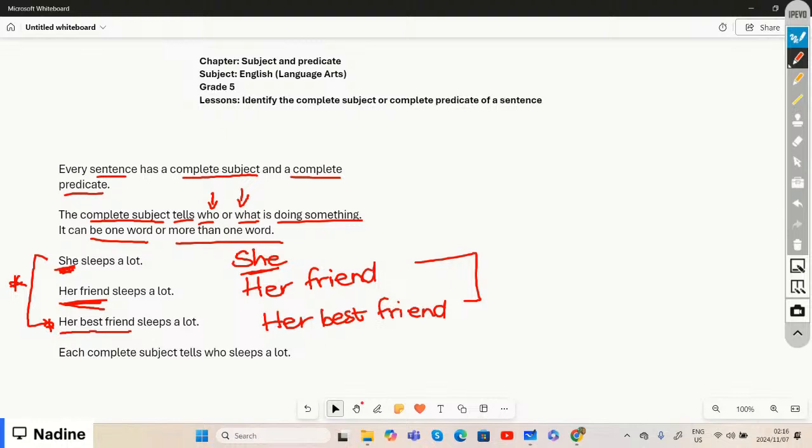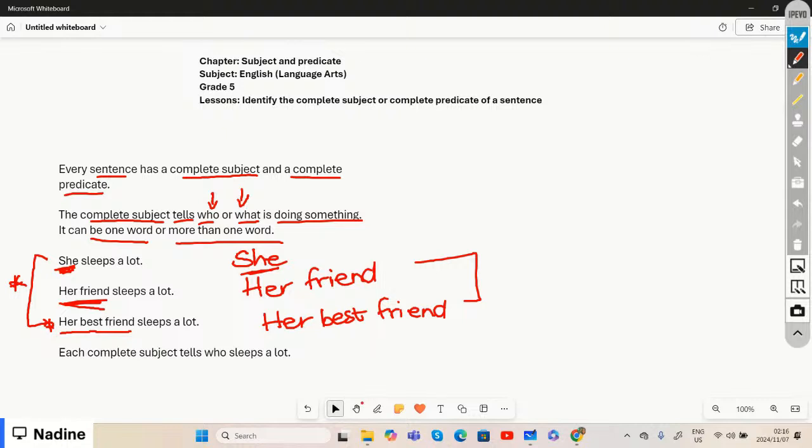The person is the subject, yes, because the person is doing something. So we say that the subject tells us who is doing something or what is doing something. It can either be the person or an animal that is doing something.